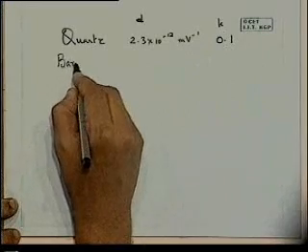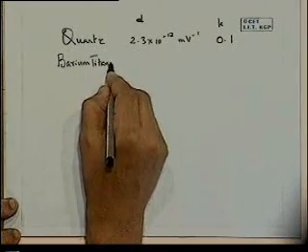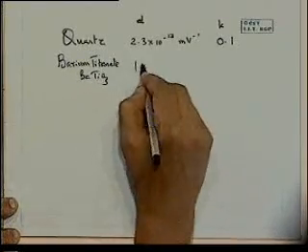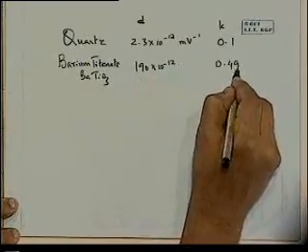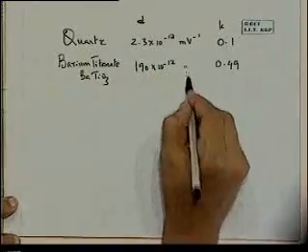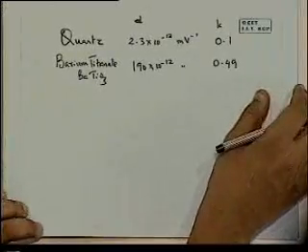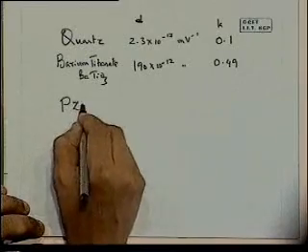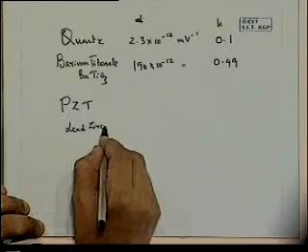On the other hand, for barium titanate, BaTiO3, we've got a coupling coefficient of about 0.49. So much higher efficiency in converting energy from one form to the other. And then there's something called PZT, lead zirconate titanate.